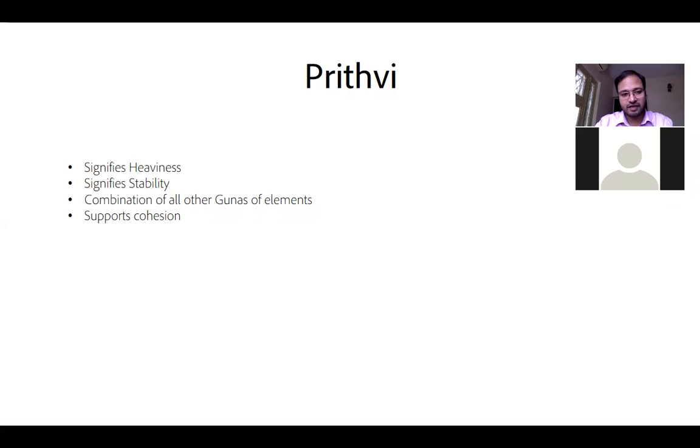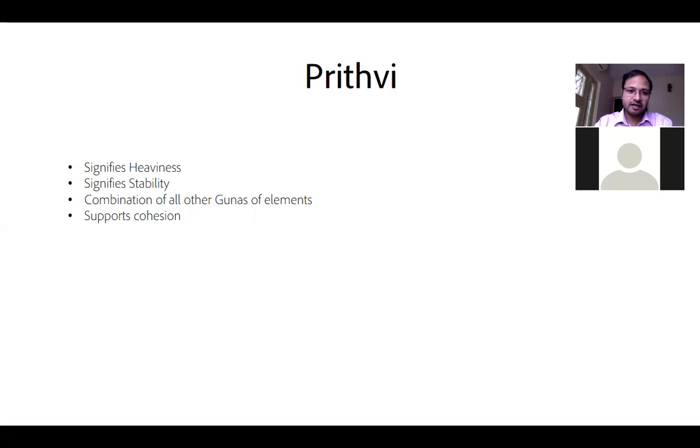But here, you see a striking contrast between Prithvi and Akasha. Akasha is an element which allows all other elements to distinguish themselves along with their gunas, right? Here, Prithvi has the guna of all other four elements, but we do not see the separation of the other four elements in Prithvi, right?